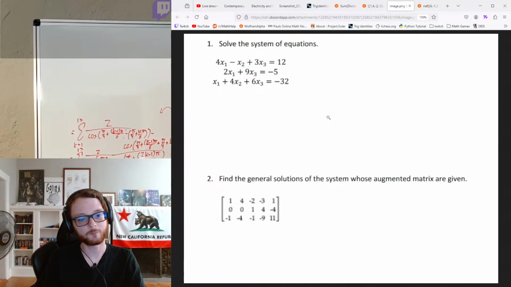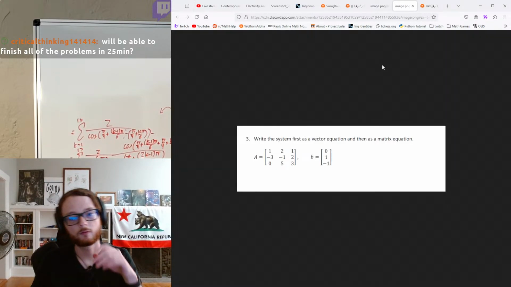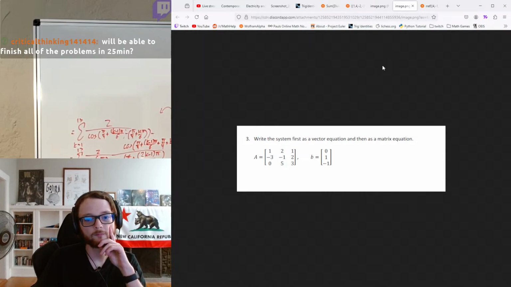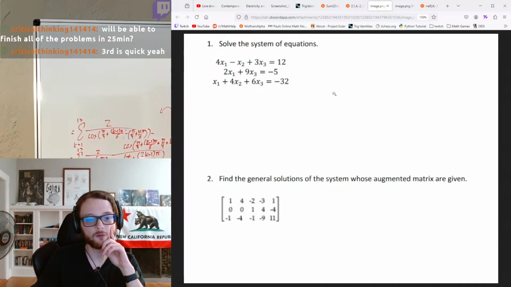Problems take 25 minutes. Well, the other 2 problems are pretty quick. Like number 2, you can solve it by looking at it. Or you can say there is no solution just by looking at it.